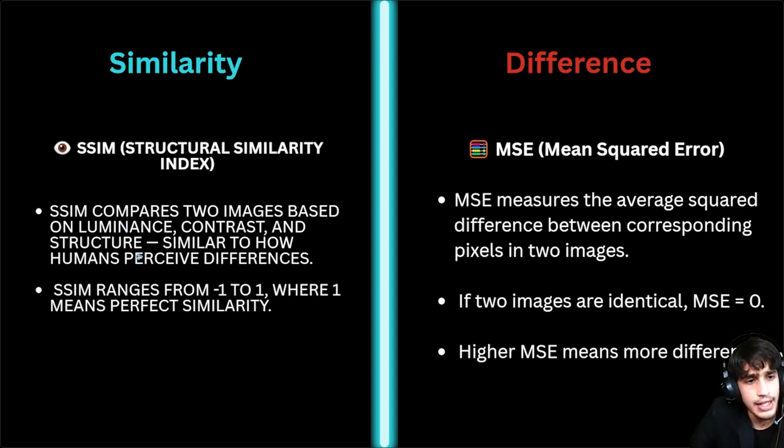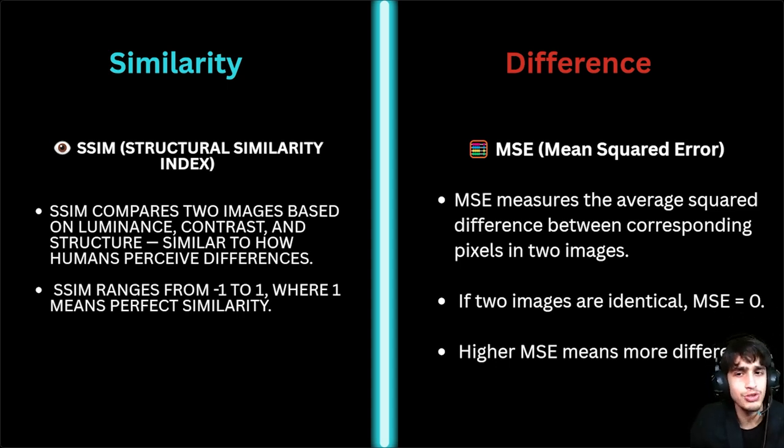SSIM is just a similarity index, it compares two images and tells how much contrast or structure is the same in the images. It's like how similar two images are. It ranges from -1 to 1, where 1 means perfect similarity and -1 means not at all similar.